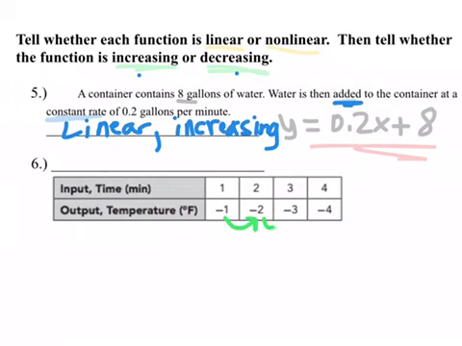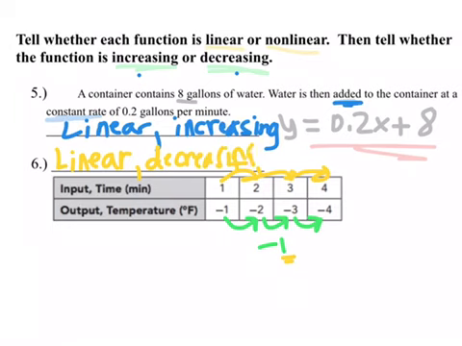So in the y's, it looks like it's dropping down 1 each time. In the x's, it looks like it's increasing 1 each time. So that's consistent. If it's consistent, then we say it's linear. Is it increasing or decreasing? Well, the temperature continues to drop, so we would say decreasing.